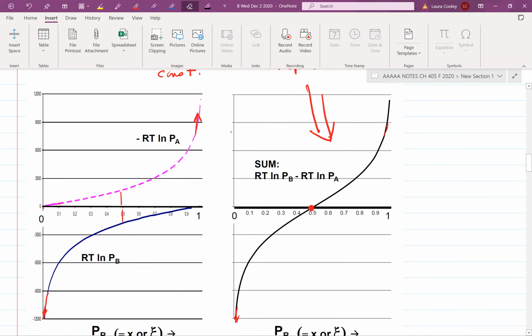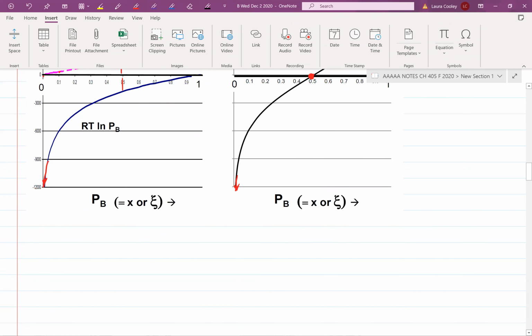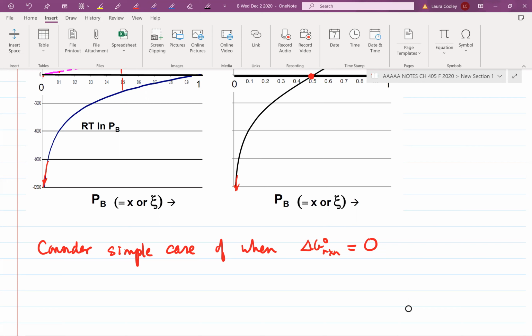Okay, so let's consider a simple case, when delta G0 for the reaction is equal to 0. That means the free energy of the pure reactants and pure products under standard conditions would be exactly the same.